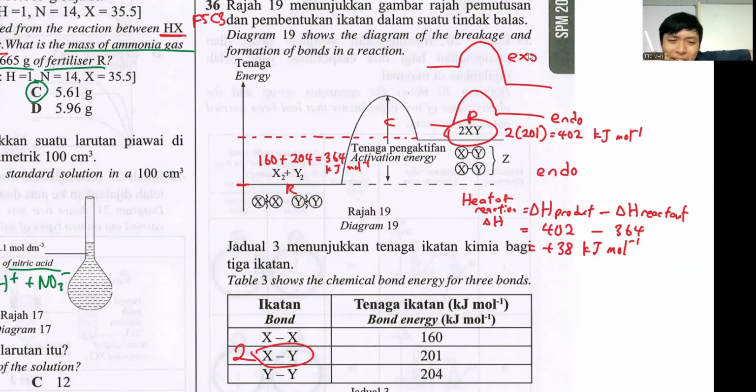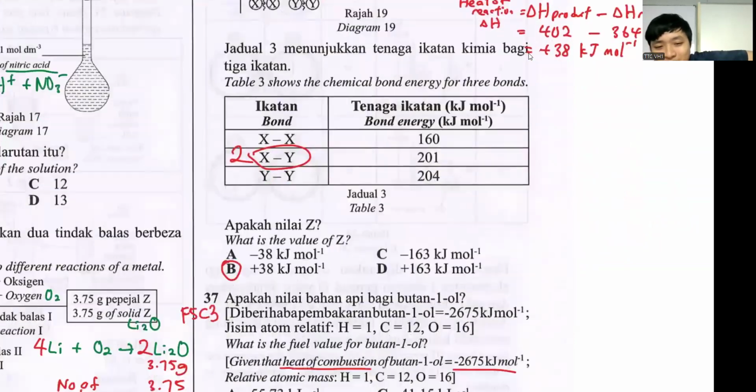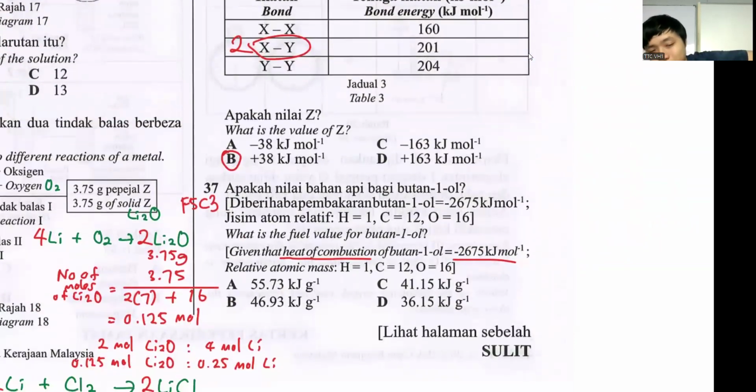Okay, this part a bit tricky. Okay, not so tricky, but objective, you can see any question. It's in the syllabus actually, but it's a bit rare. So this one is the fuel value formula.